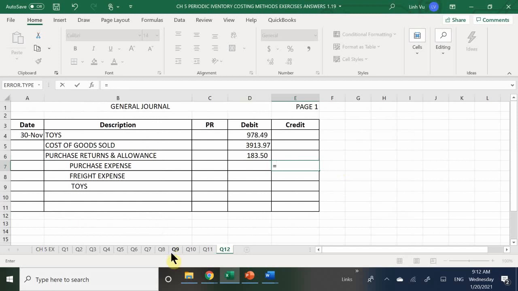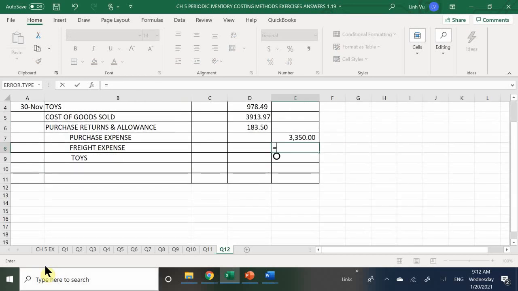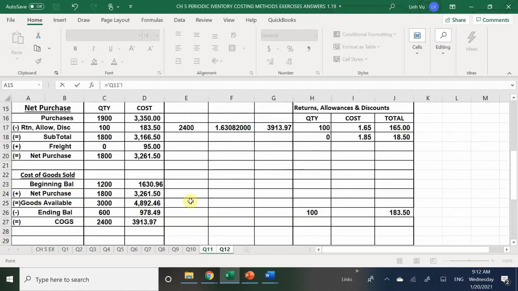Now, what's my total purchases? 3,350. Good. And then what was my total freight? I think it was 95. And then what was my beginning balance? 1,200. The total cost of it: 1630.96.